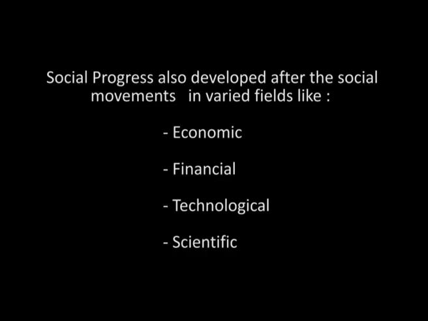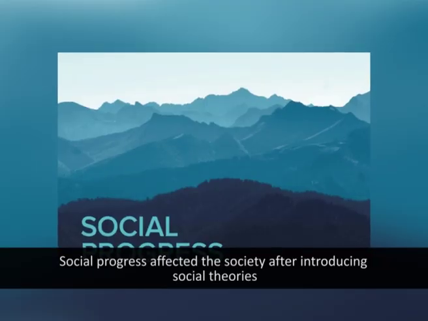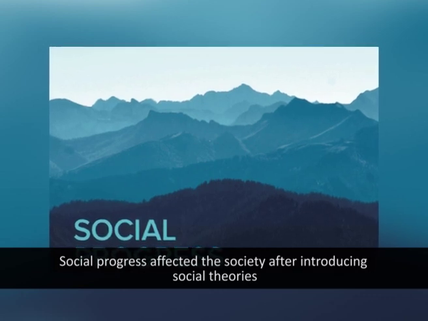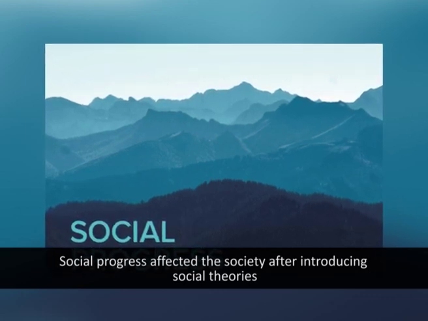Social progress also developed after the social movements in varied fields like economic, financial, technological, and scientific as well. After introducing the social theories, the social progress developed and affected the society as well. The idea of progress is also one of the products which social movement gave us.